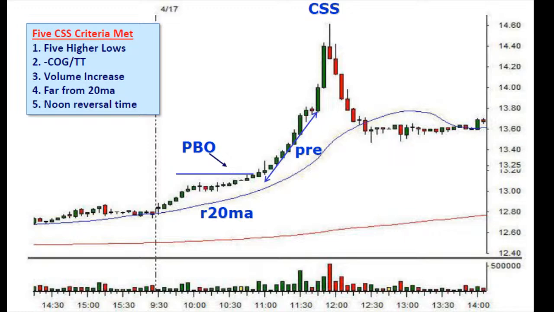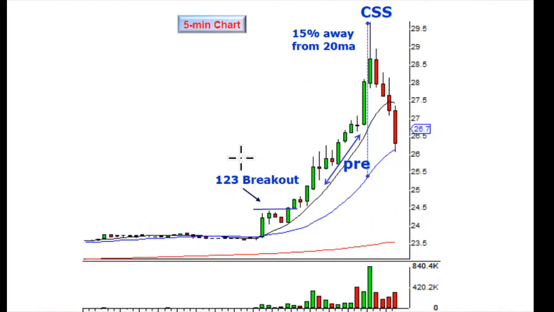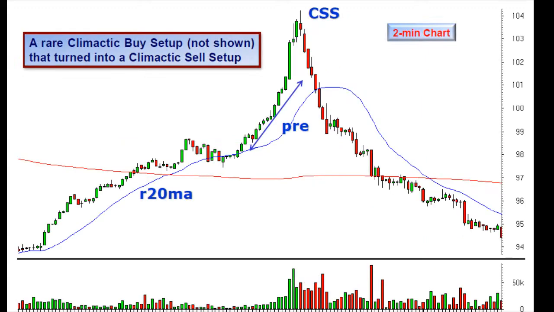This is pre-climactic, when it gets really going, but it never goes vertical. The vertical part, that's climactic. That's already too late. The initial pop, that's not too late. You can get in it.